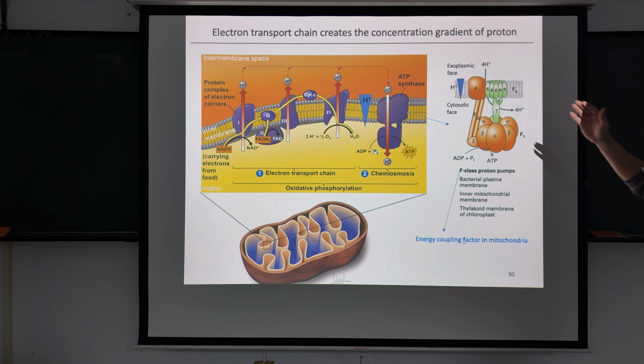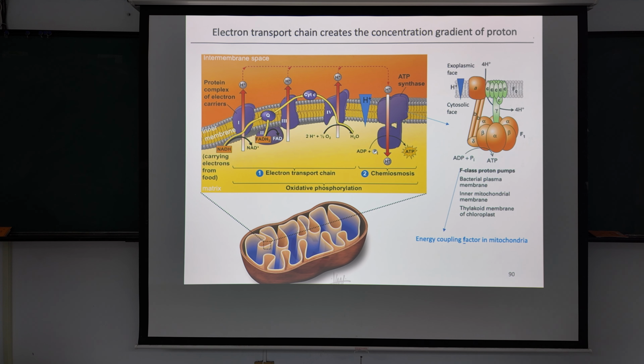Then those F class proton pumps can use this proton electrochemical gradient to change their conformation and combine ADP with the inorganic phosphate group to form the ATP. They can shift the energy from the glycolysis to the ATP. Then the cell can use this ATP to do a lot of different work.